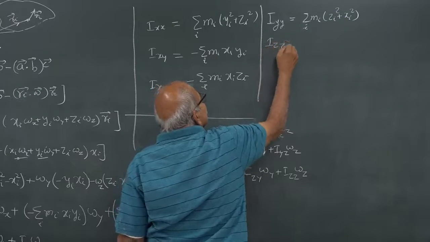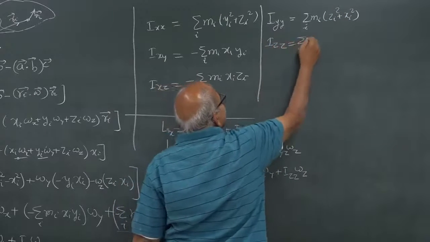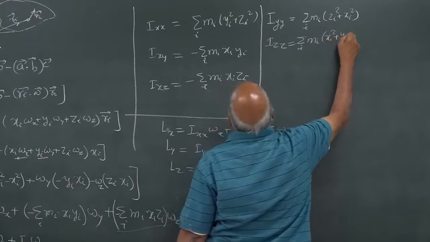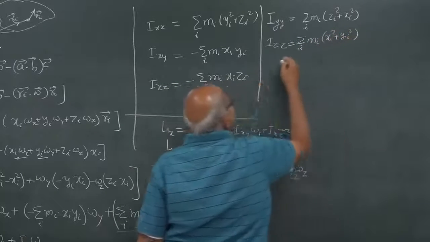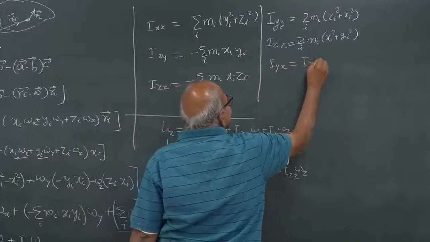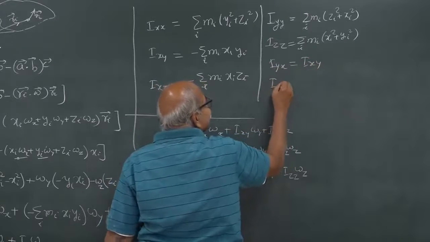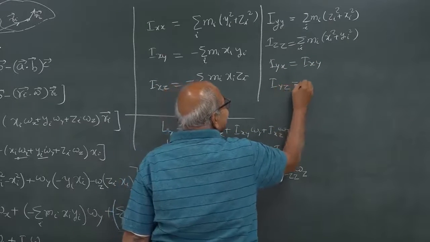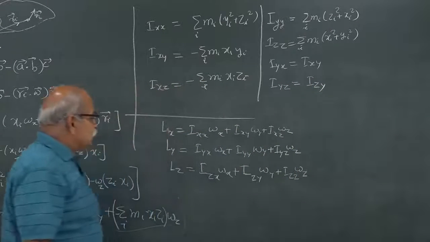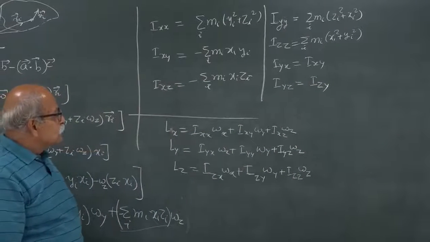Izz will be summation over i of mi times xi square plus yi square, and then Iyx will be same as Ixy and Iyz will be same as Izy.